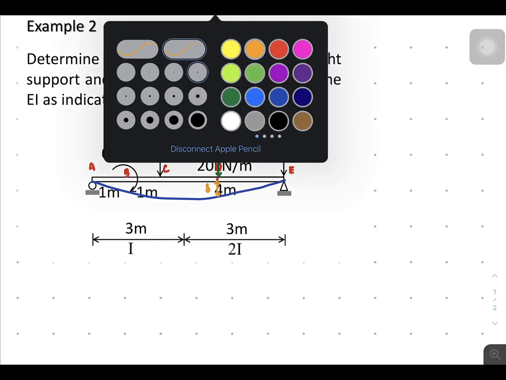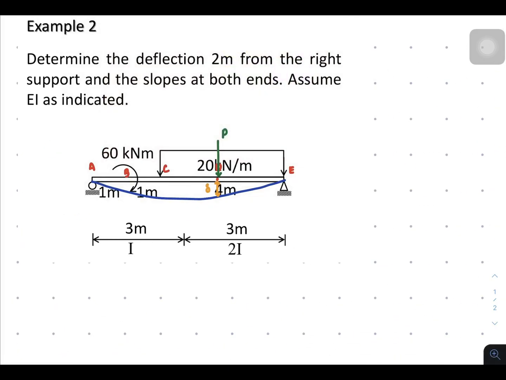So with that, let us solve for the reactions. We have here RA, and here RE. Then of course we have the resultant of this distributed load. It's 20 times 4, this is 80.